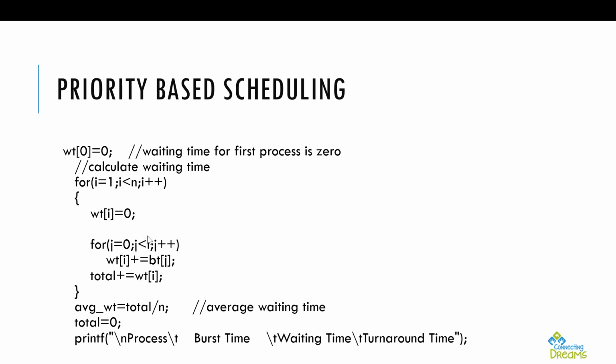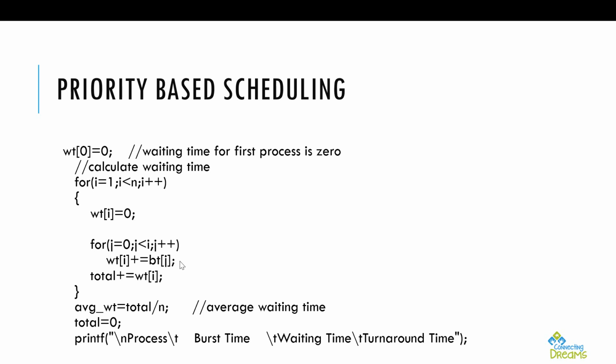At this moment, the value of i is 1, so j is less than 1, and only one iteration of j will happen. So bt of j, the burst time of 0, is added to the waiting time of 1. Here we have already set the waiting time for the first process to 0. The burst time of 0 is what we will include. So the waiting time for the very first iteration will be the burst time of the first process.